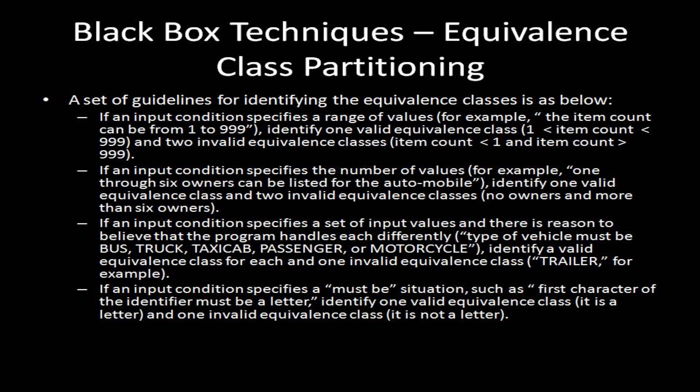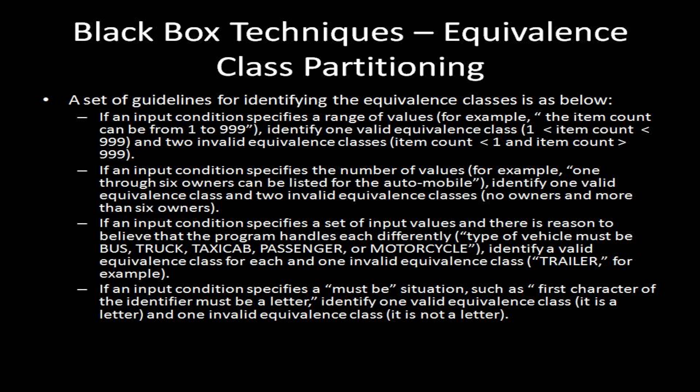3. If an input condition specifies a set of input values, and there is reason to believe that the program handles each differently, for example, type of vehicle must be bus, truck, taxicab, passenger, or motorcycle, identify a valid equivalence class for each, and one invalid equivalence class, trailer, for example. 4.